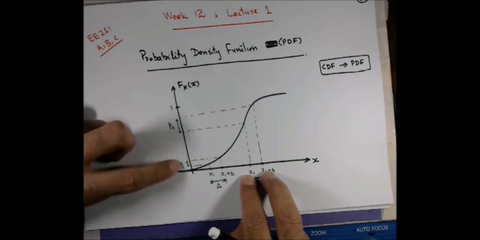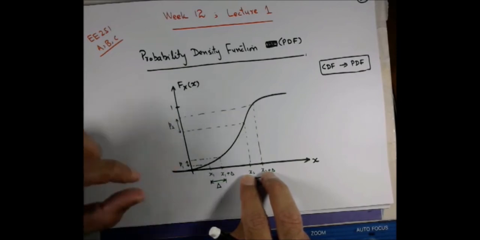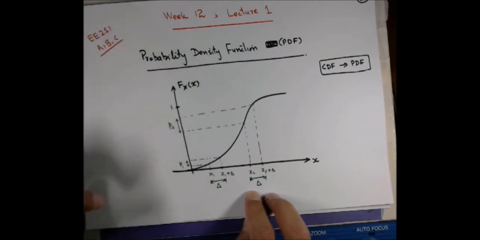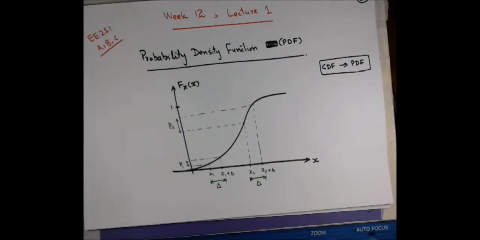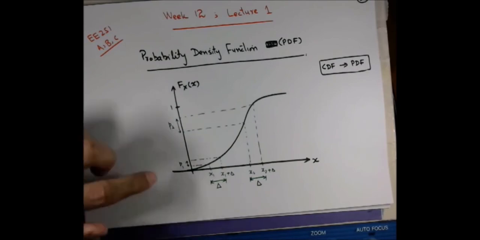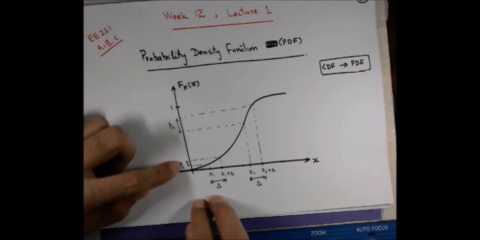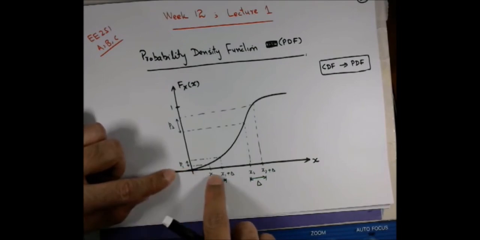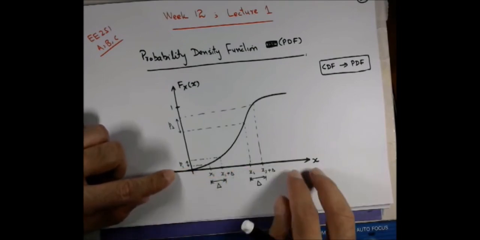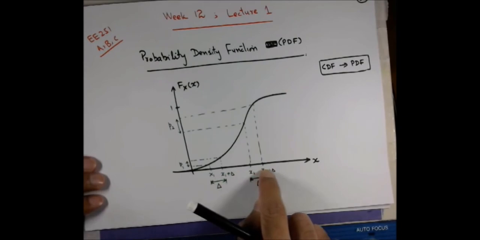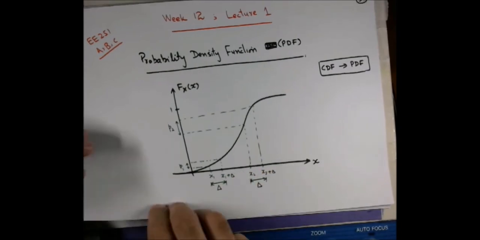So we can write, and these are nothing but the probability distributions among the intervals of a continuous random variable's values. All this put together will be the probability density function. The probability in this interval plus the probability in this interval, and so on, all the intervals put together will give you the probability distribution among the meaningful intervals of a continuous random variable.